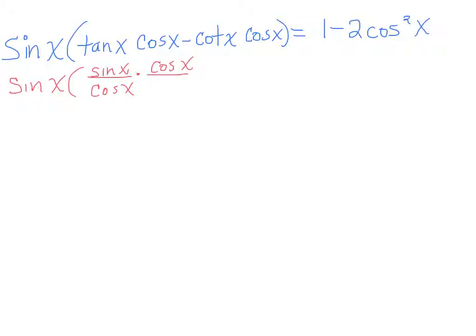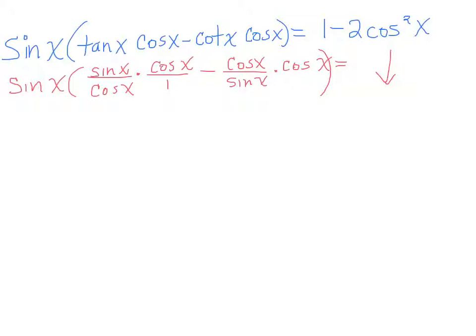Since it's a fraction, let's put the other one as a fraction, minus. The cotangent is cosine of x divided by sine of x, and then times cosine of x. Let's see if that could equal the right side.